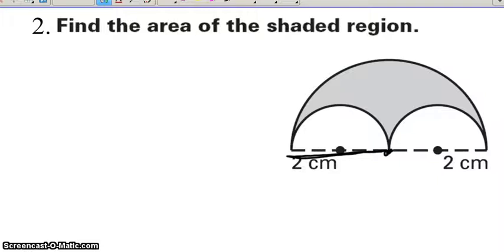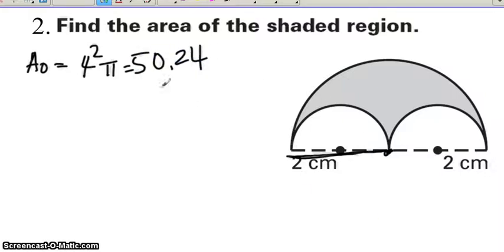So the area of my circle is going to be 4 squared times pi, which is 50.24. But that's if that was the whole circle. This is only half of a circle. So 50.24 divided by 2 is 25.12.